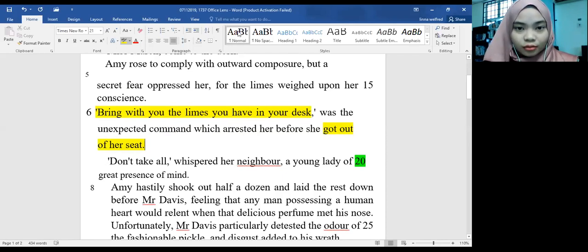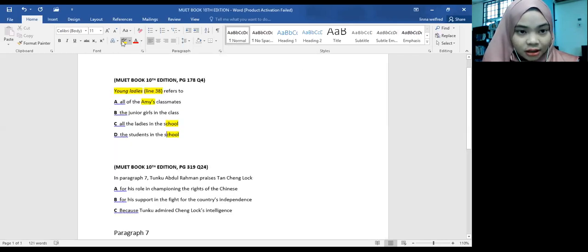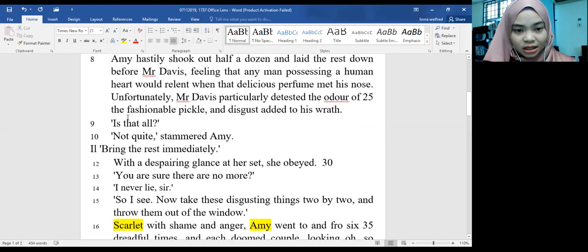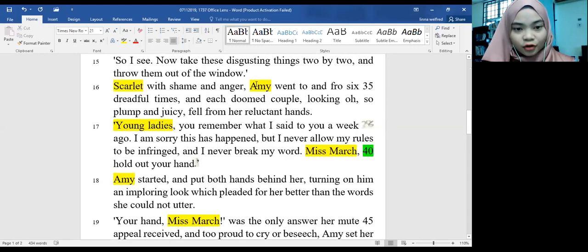So we need to eliminate all the ladies in the school and option D. We have these two: all of Amy's classmates and the junior girls in the class. As I mentioned before, the clue we see the most is Amy. Even before it there is Amy, and after it is Miss March, which refers to Amy.